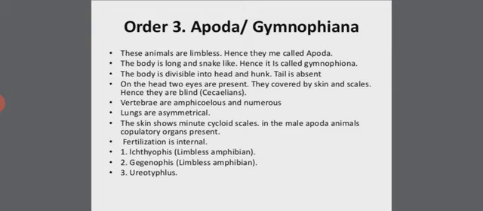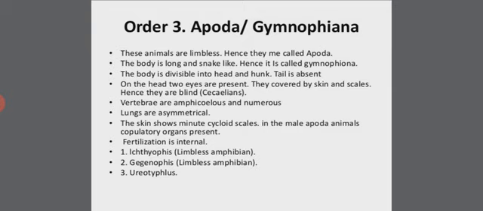Vertebrae are amphicoelous type and numerous, and the lungs are asymmetrical type. The skin shows minute cycloid scales, and in the male apodan animals, copulatory organs are present, but not very well developed. Fertilization is internal.